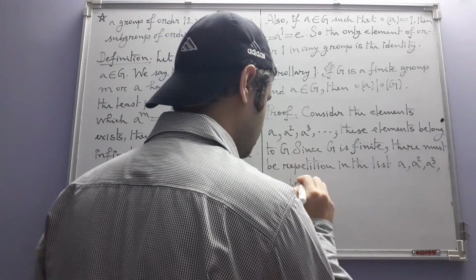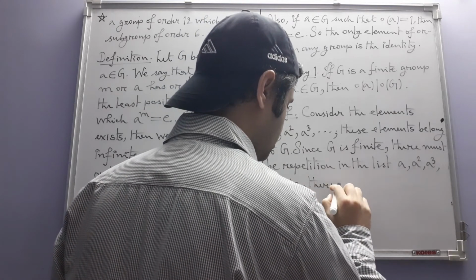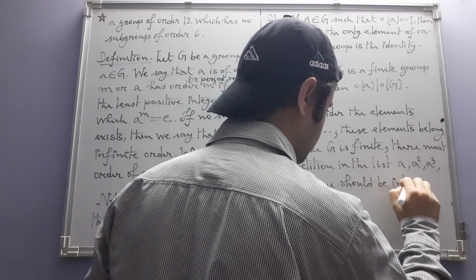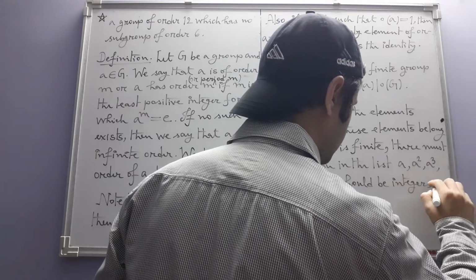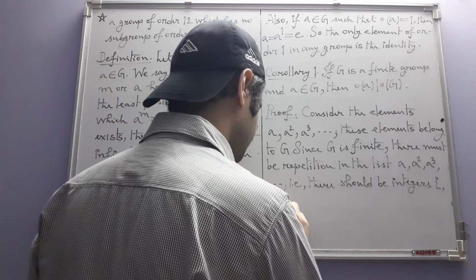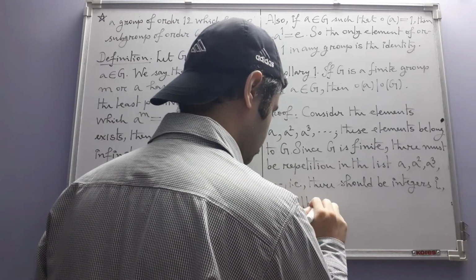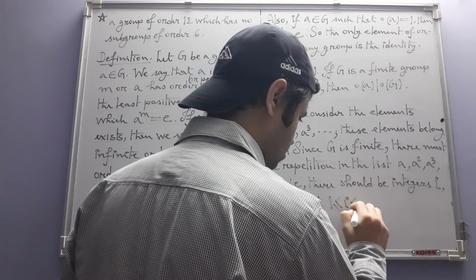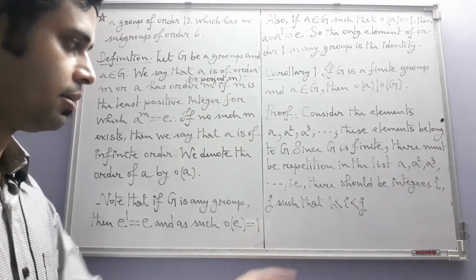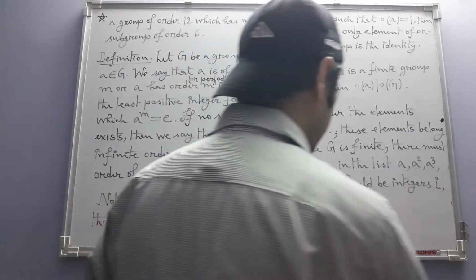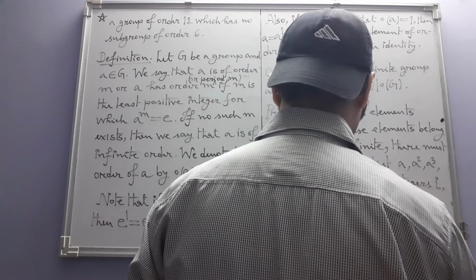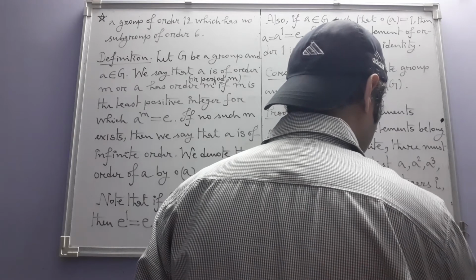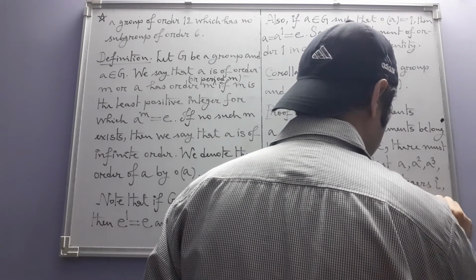That is, there should be integers i and j, positive integers, that's why we are writing 1 less than or equal to i less than j, such that a to the power i should be equal to a to the power j.